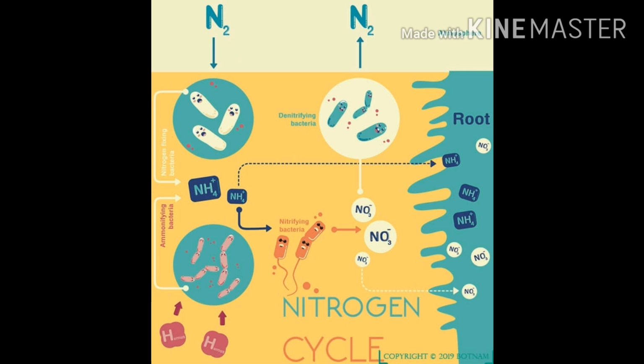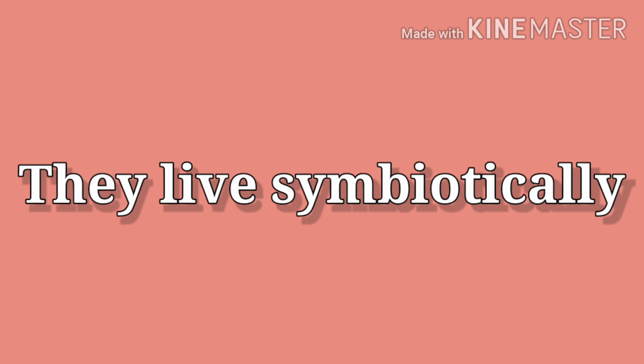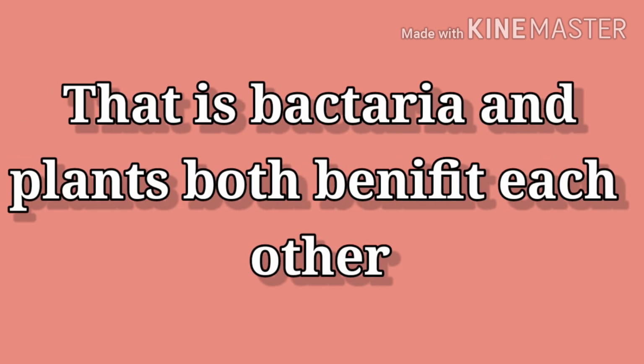These compounds mix into the soil and the roots of the plant absorb them, which is used for the synthesis of protein by the plant. Here, these bacteria live symbiotically. It means plants and bacteria both benefit each other.